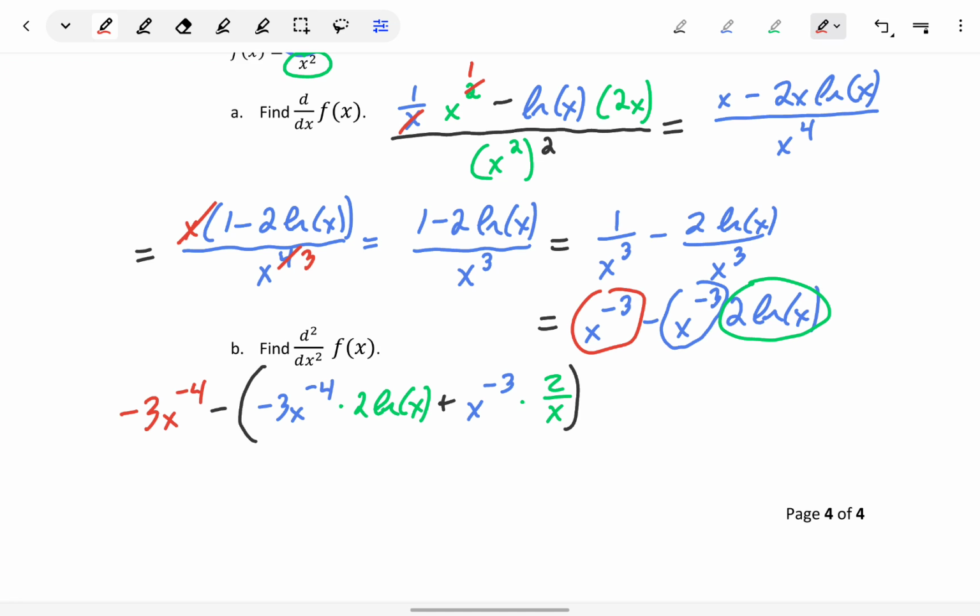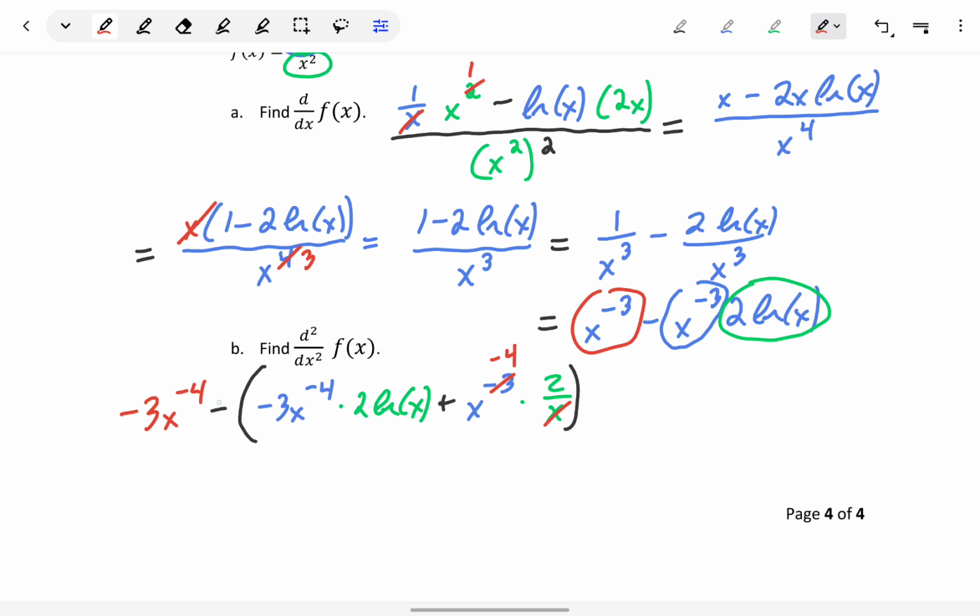In the last term, x to the negative third divided by x will combine to give us x to the negative fourth power, because we would take that exponent in the numerator of negative 3 minus 1, the exponent in the denominator, to get negative 4.